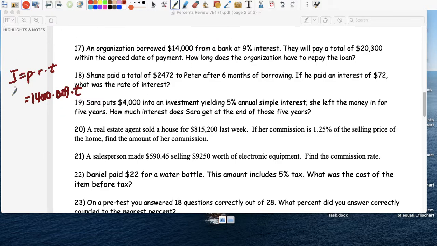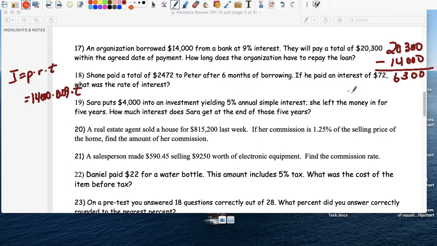And the interest, so think about it. Here's the tricky part of this question. The total that you're paying is 20,300. Let's subtract from that the amount that we borrowed, 14,000. So 20,300 minus 14,000 is 6,300.